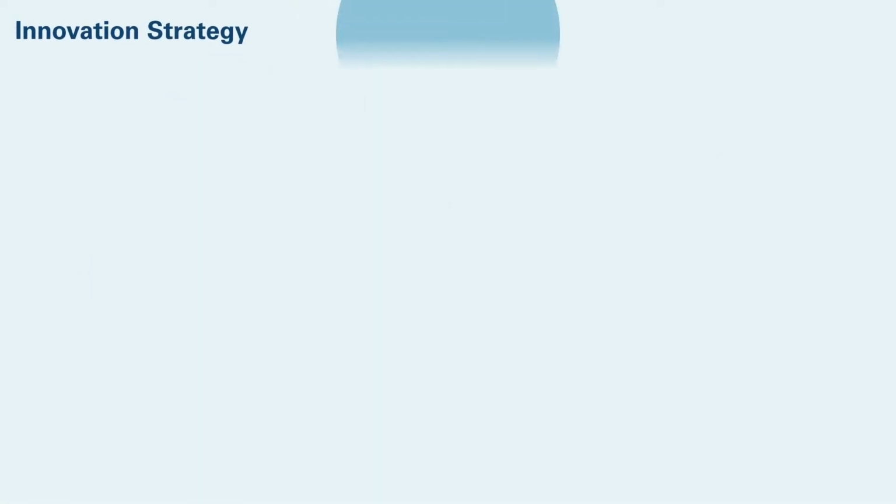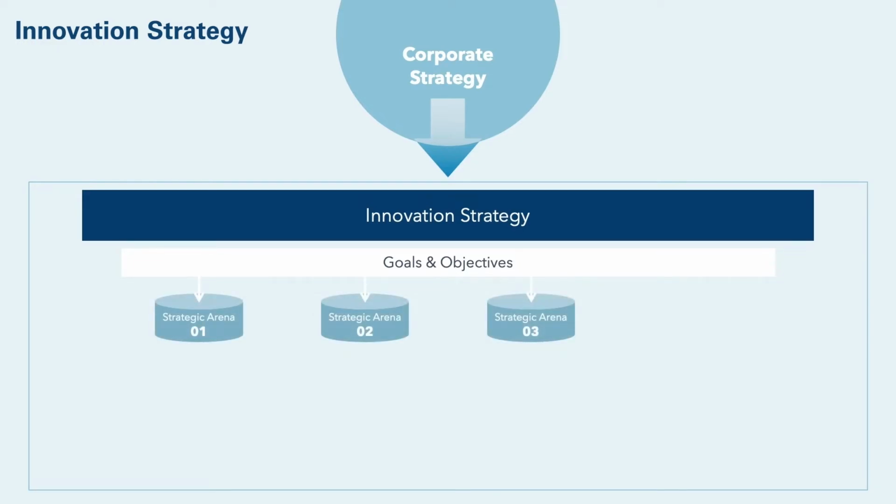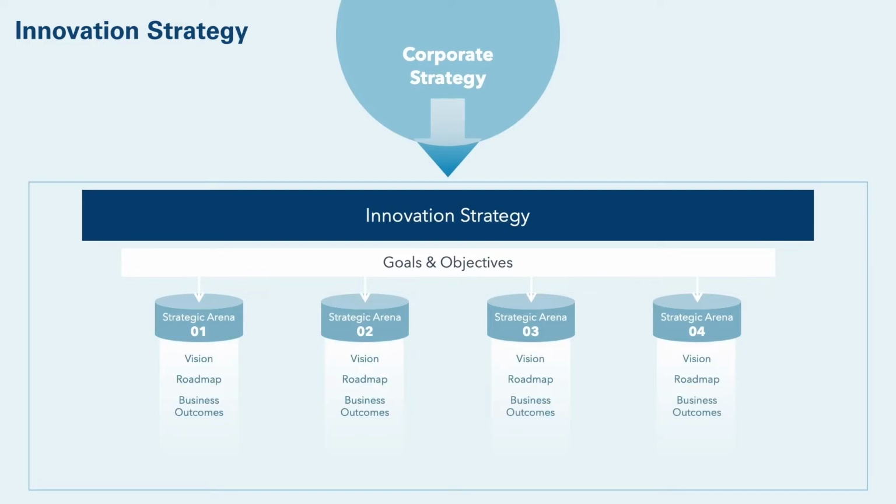The corporate strategy defines the organization's growth, goals, and objectives. An innovation strategy can be summarized on one page and includes the goals and objectives, a few strategic arenas, no more than 4 to 7, each with its own defined vision and roadmap, and an attack plan per strategic arena comprised of a long-term vision, a 3 to 5 year roadmap, and business outcomes based on the project portfolio.